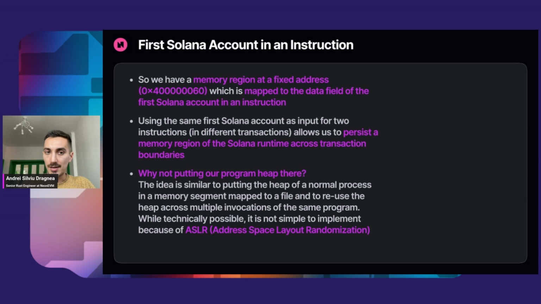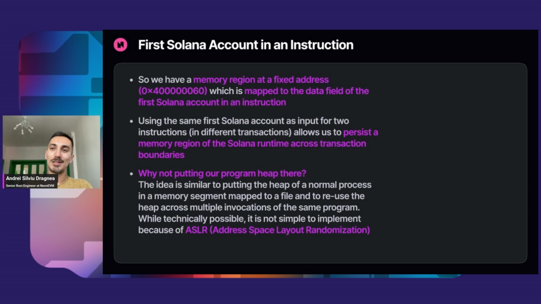So what we have so far is a memory region at a fixed address that we saw before, which is mapped to the data field of the first Solana account in an instruction. What can we do with it? Basically, if we have the same first Solana account as input for two instructions in two different transactions, this allows us to persist a memory region of the Solana runtime across transaction boundaries, which sounds interesting and scary at the same time.